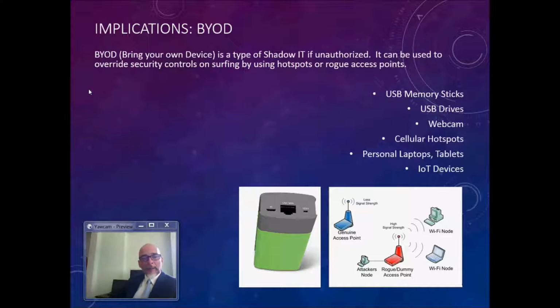Webcams. People bring cellular hotspots into work, sometimes to override security, and this is an issue because, first of all, when you have all these hotspots that people can connect to, you never know. One of those hotspots might be a rogue, as you can see in this image.